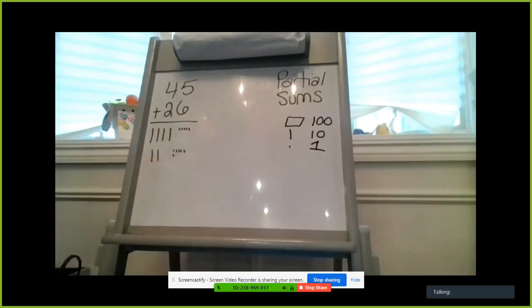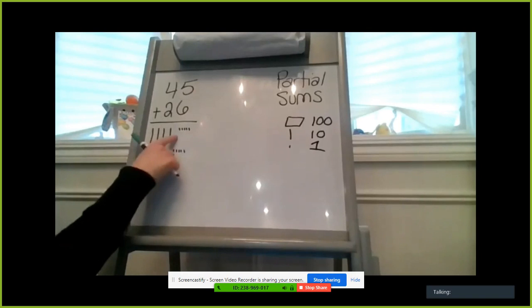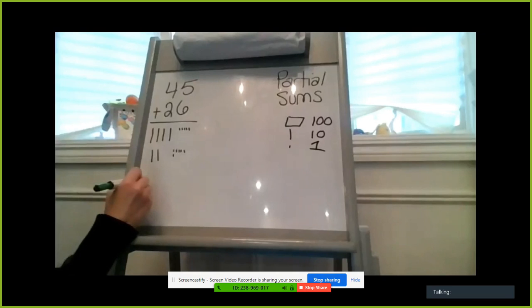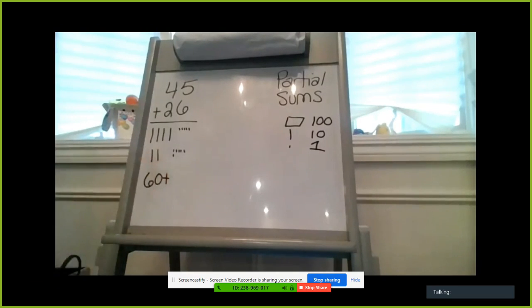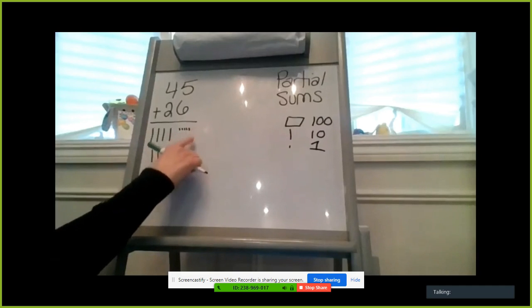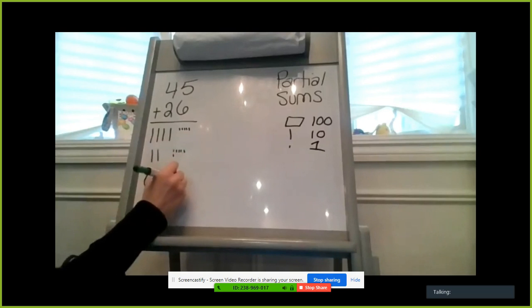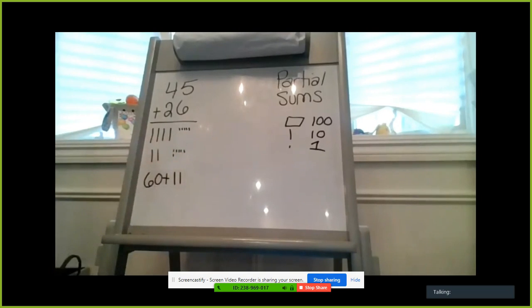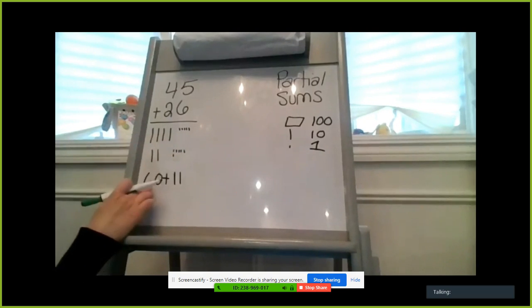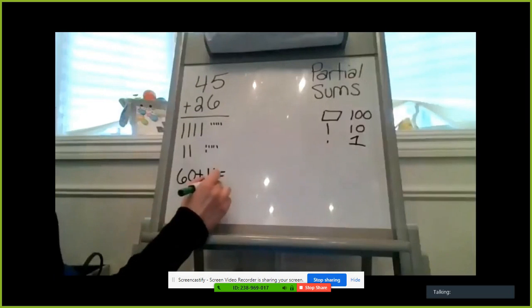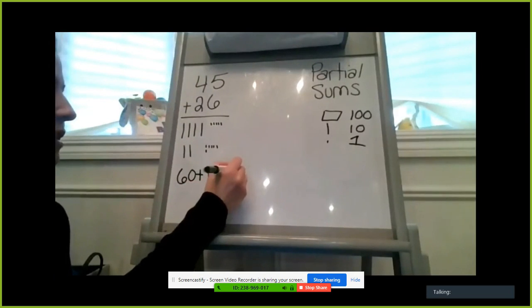We're going to add them together. 4 longs plus 2 longs equals 6 longs, which is 60, plus 5 cubes plus 6 cubes equals 11 cubes. Now we add both of our parts together. 60 plus 11 equals 71.